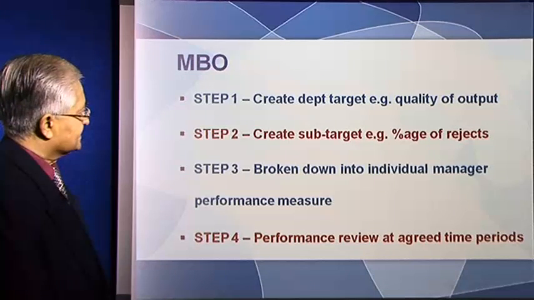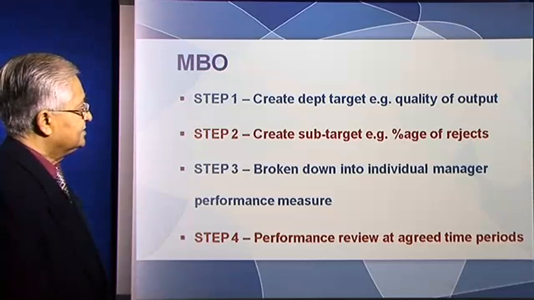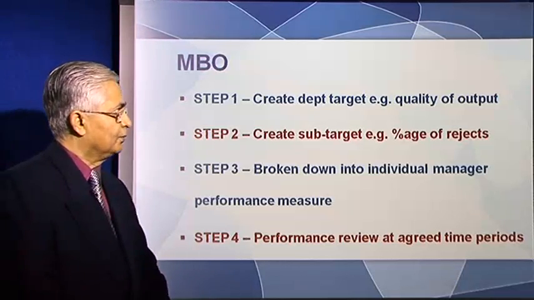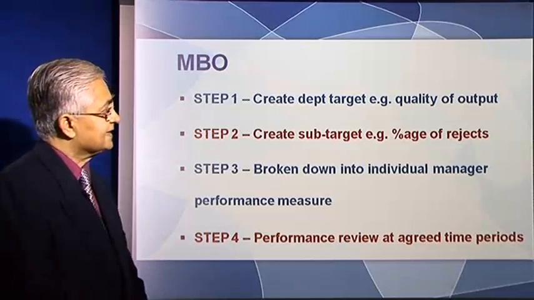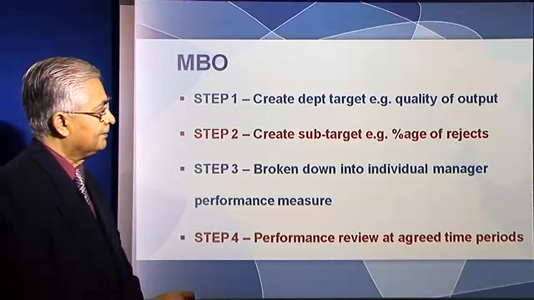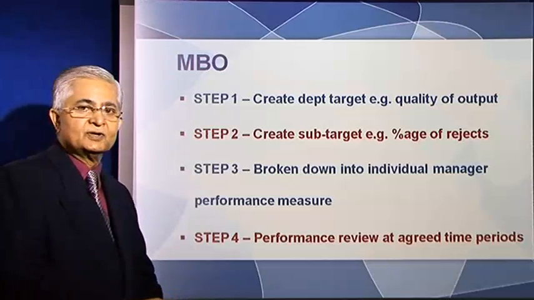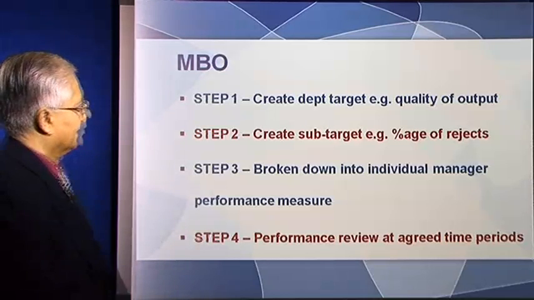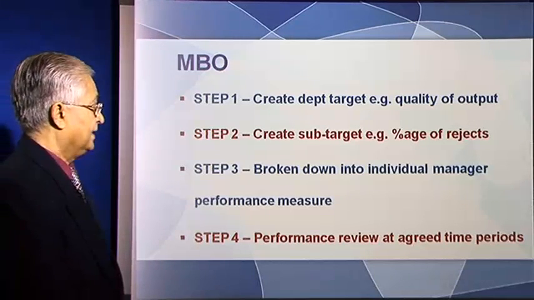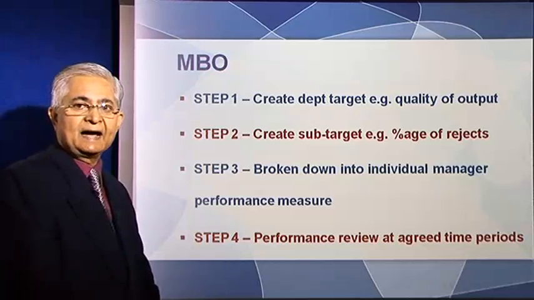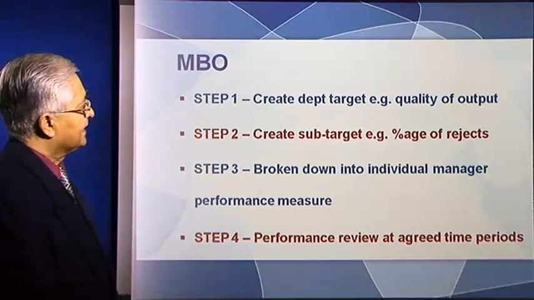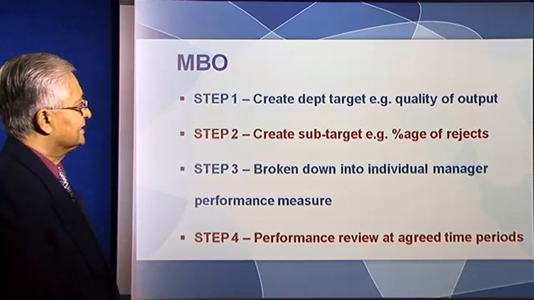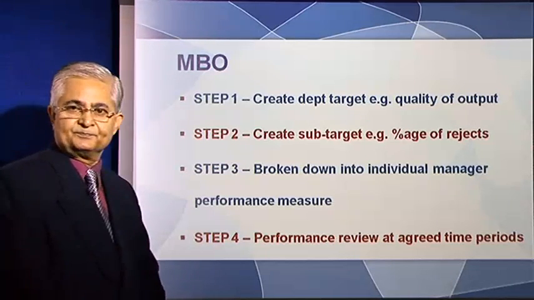Now, step two is we need to create a sub-target, which defines this target in a more operational, more actionable way. Quality of output, one way in which it could be made actionable is by saying let us reduce the percentage of rejects.